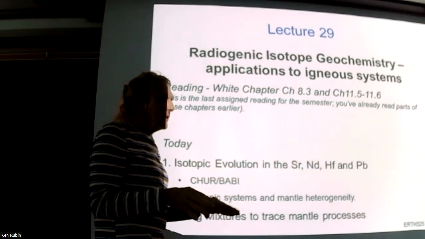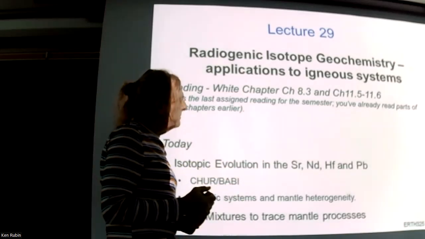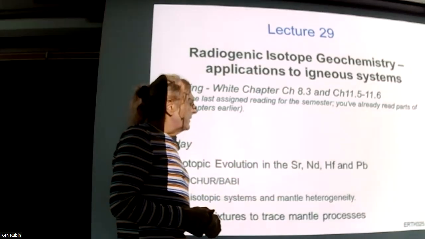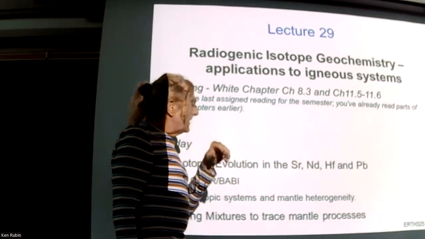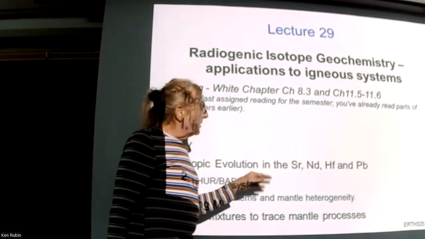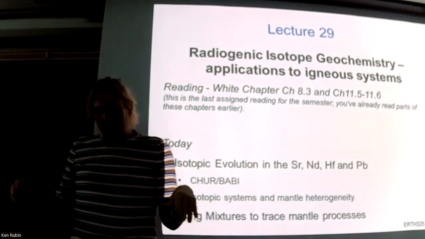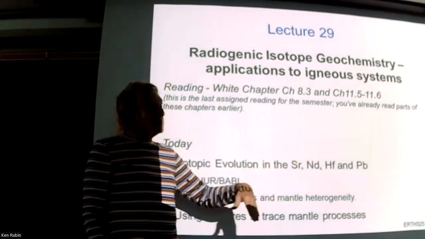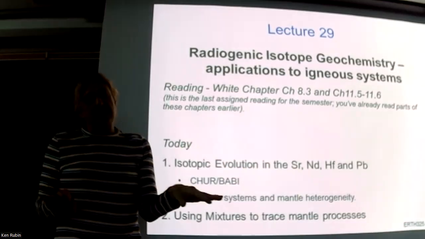We've talked already about the idea of a depleted mantle when we looked at potassium distribution in the crust and other reservoirs on Earth. Given a lot of time, if we change what we call the parent-daughter ratio, then the radioactive ingrowth into these daughter isotopes will reflect that difference.